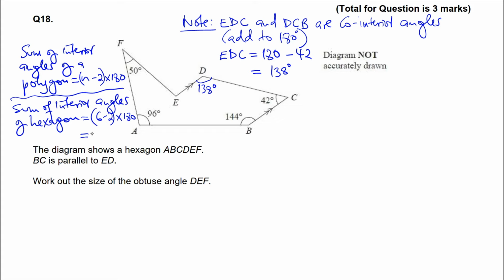If you work that out, that will be equal to 720 degrees. Which means all these angles here, including this one here, which is a reflex angle, add to 720.